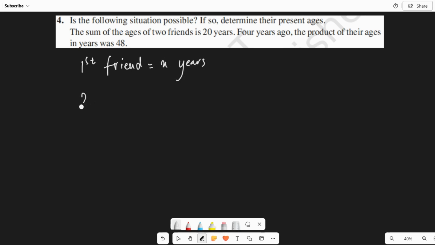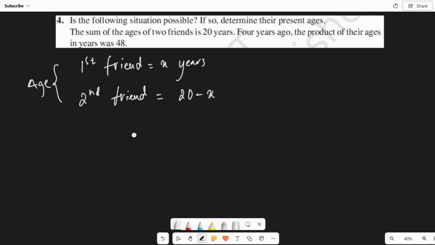Okay, so the age of the second friend becomes 20 minus x, as we are given that the sum of their ages will be equal to 20.